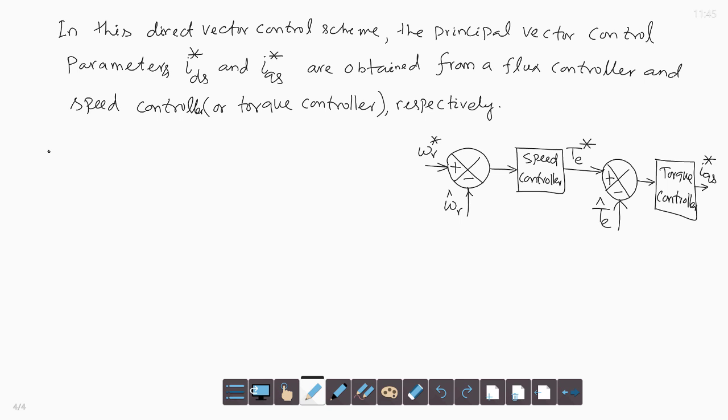As indicated in the previous scheme of direct vector control, the voltage model is used, or alternately we can use a current model. Both are possible.